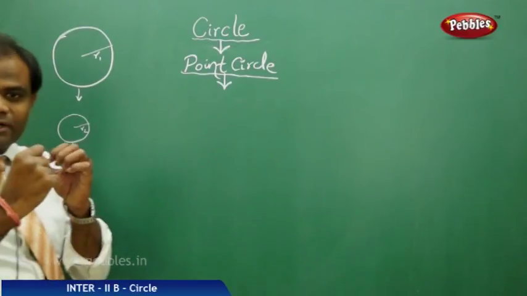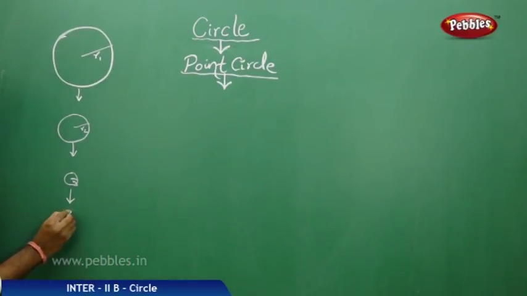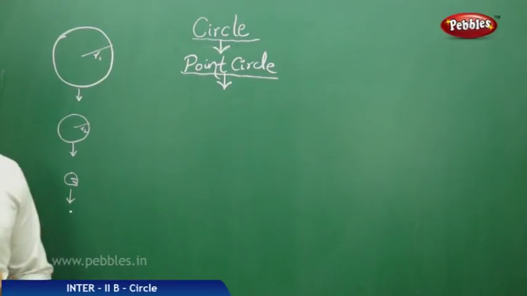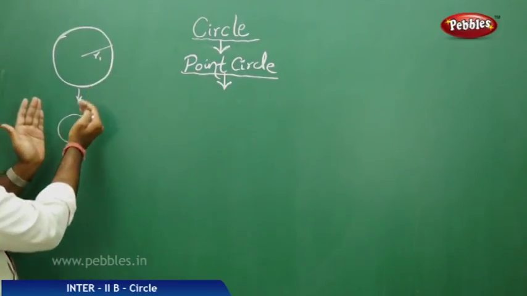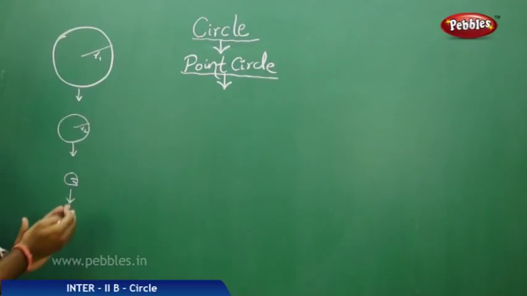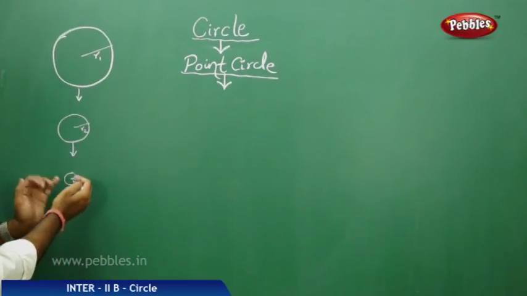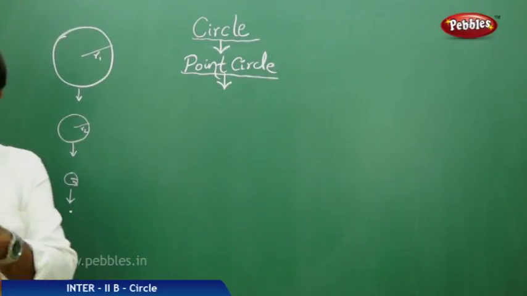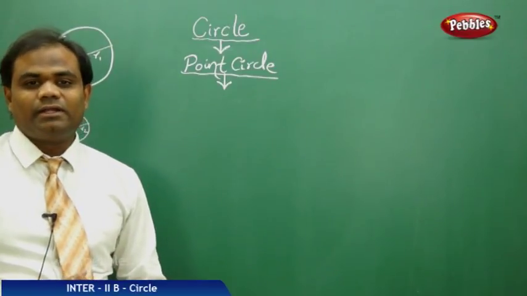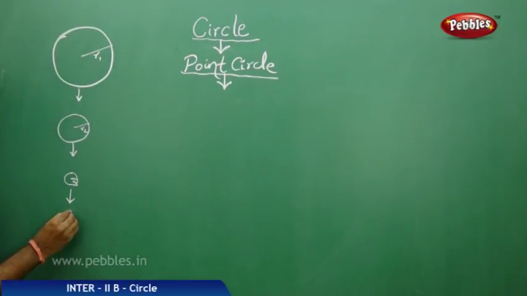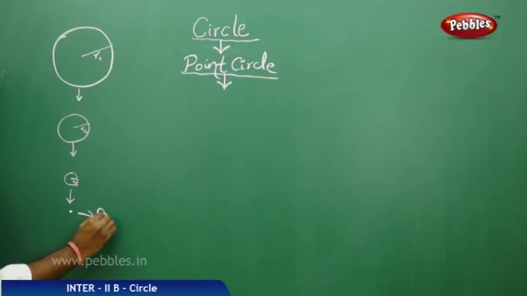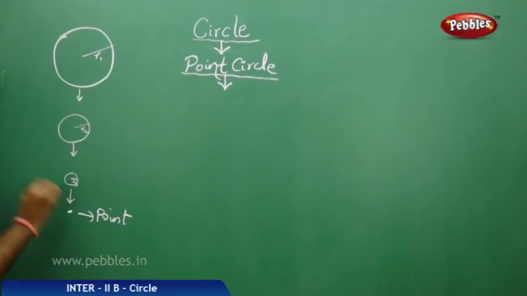When it reduces with radius, it almost diminishes to one single point. So this bigger circle has become smaller with reducing of radius, and more reduction of radius gives a smaller and smaller circle. Finally, we end up with a point when the radius is almost 0.